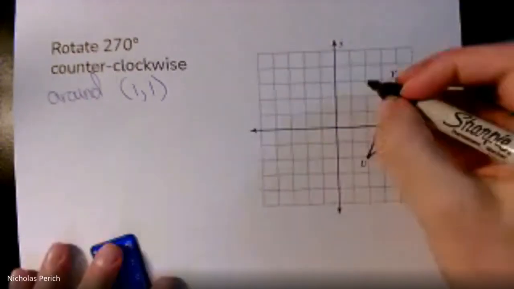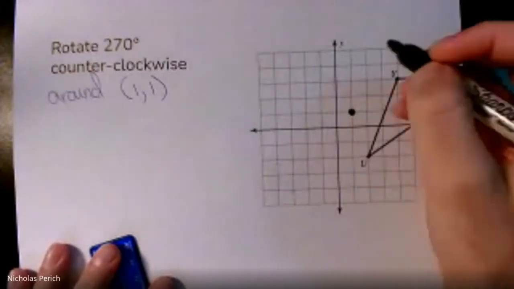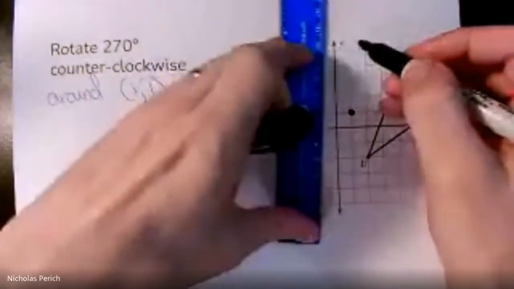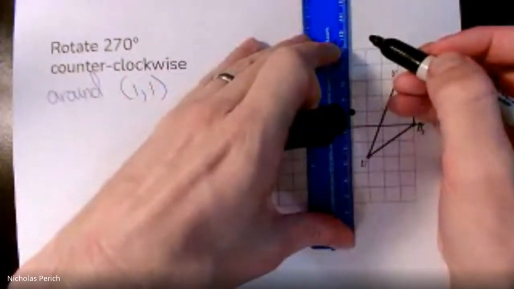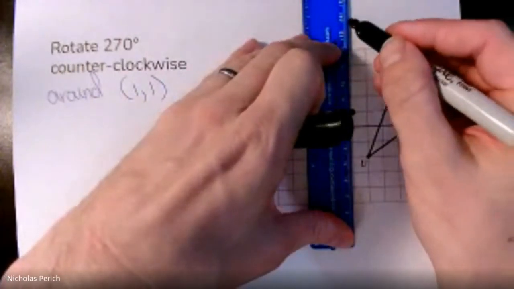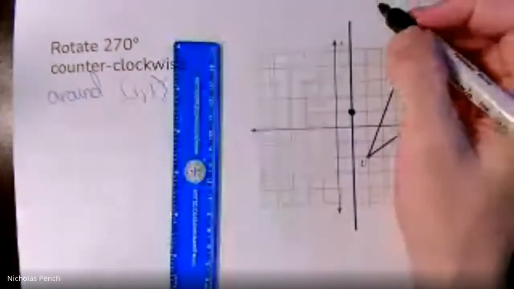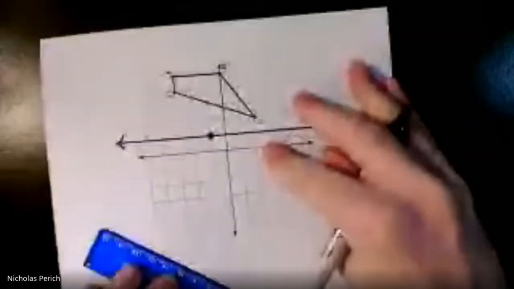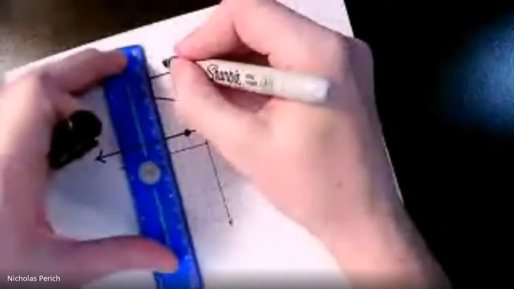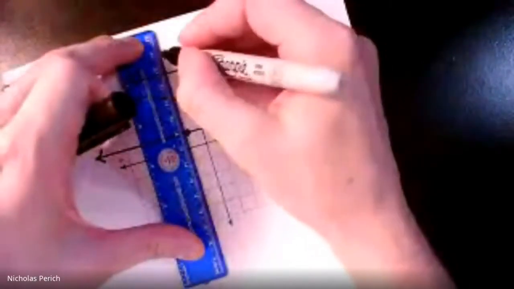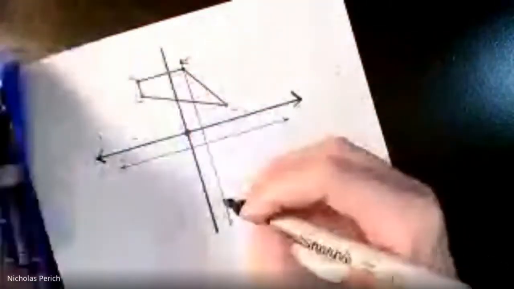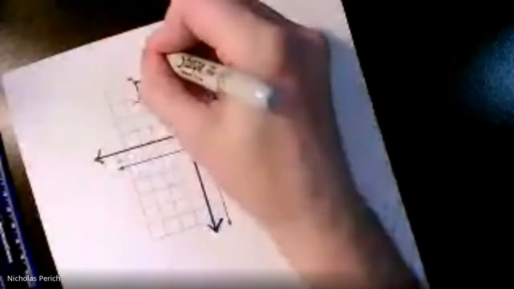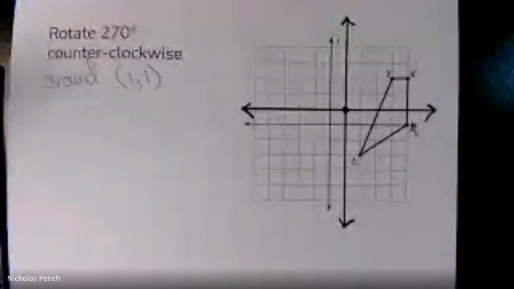So I'm going to put a dot at 1, 1 and create a brand new axis. We've done this before, but it's been some time. Okay, so there's my new axis at 1, 1.